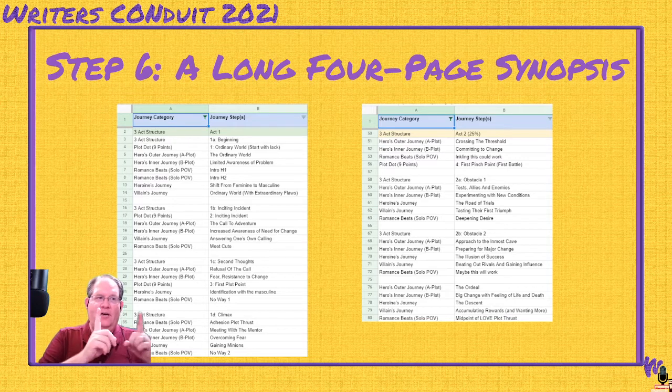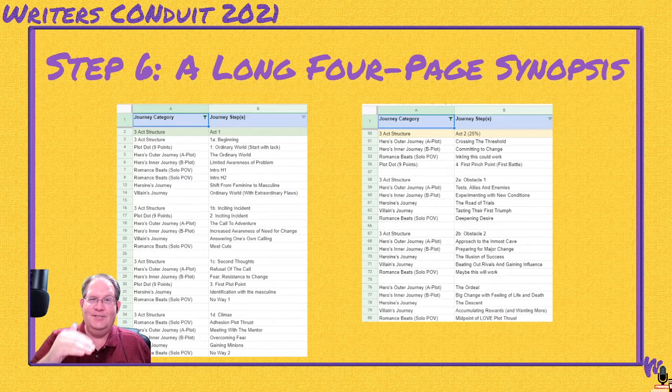I go through the 3 act structure, the plot dot, the heroes, the romance, and all of that, and I fill in the line every single time. So I know what a character is doing at all times. And this is my 4 page summary. Again, this is different than what is in the Snowflake method, but this is how it has helped me.